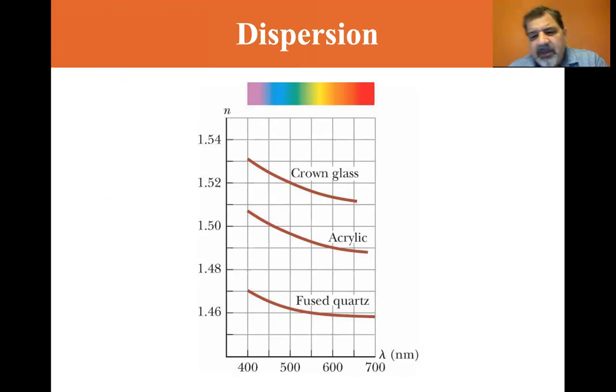At the red end, at 700 nanometers, the index of refraction is lower. If you look at the acrylic, the red is about 1.49, and at the violet end of the spectrum, it's about 1.51. So the index of refraction is color dependent, wavelength dependent.